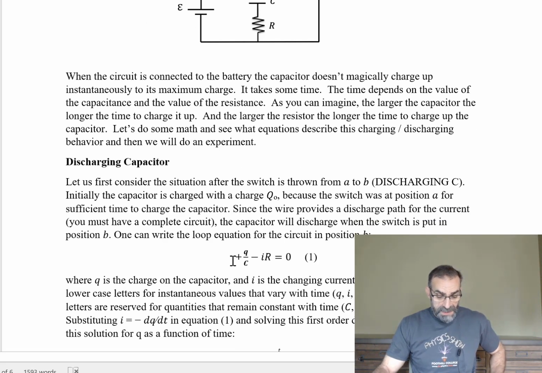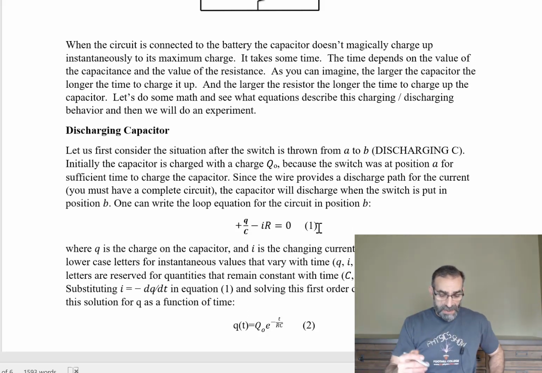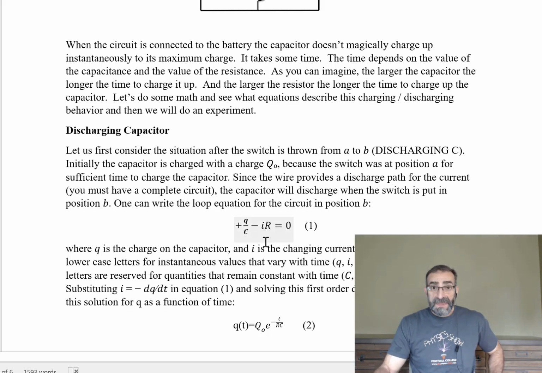So here's the equation for the discharging circuit. Q over C, that's the voltage on the capacitor, and IR is the voltage across the resistor. So this equation 1 gives us the loop equation, the sum of all the rises and drops in the circuit, and it has to equal 0. Well, we know that I is the change in charge with respect to time, dQ/dt.